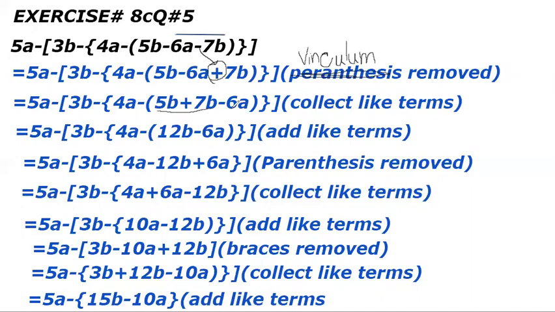And then we will write minus 6a. The terms 5b and 7b are like terms because both have the same variable b, and all the other terms will be copied down from the above step as they are, no changing.